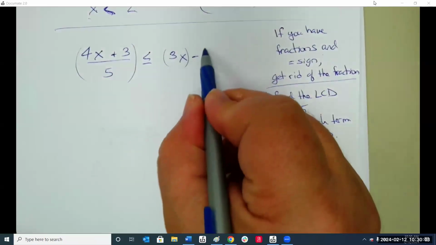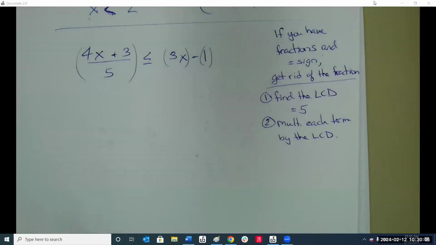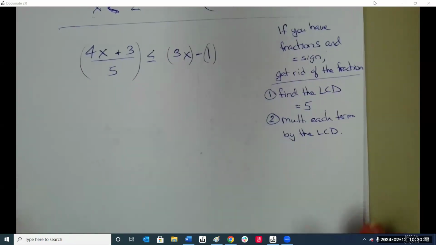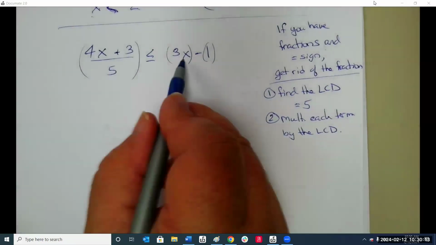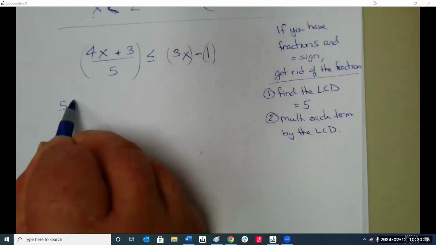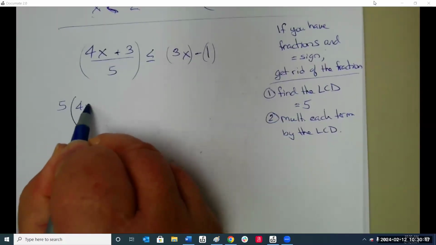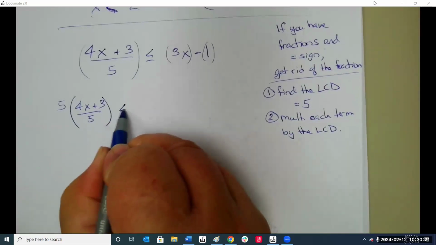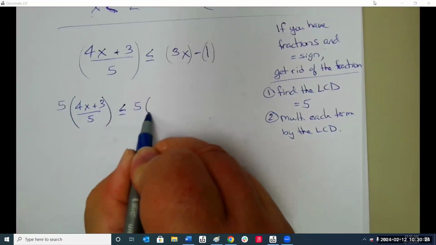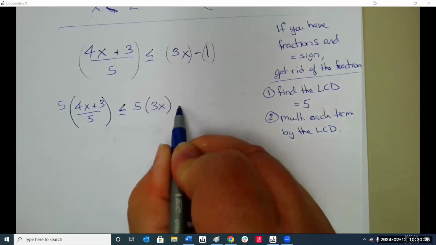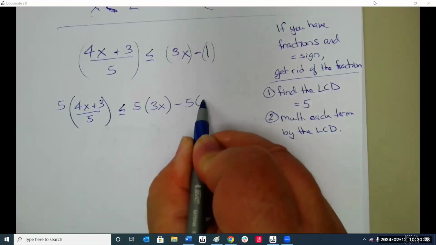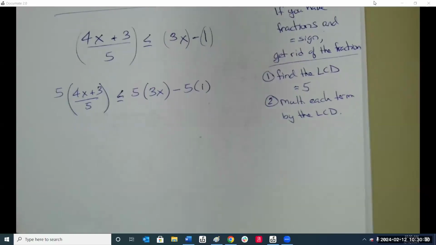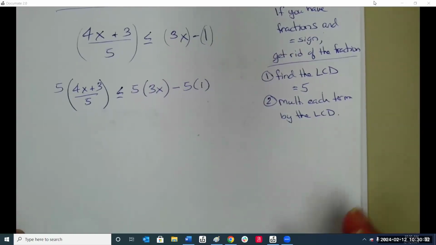This is a term, and that's a term. Anything separated by a plus, minus, or equals is a term. So in front of these parentheses, I put a 5. There, multiply each term by the LCD.